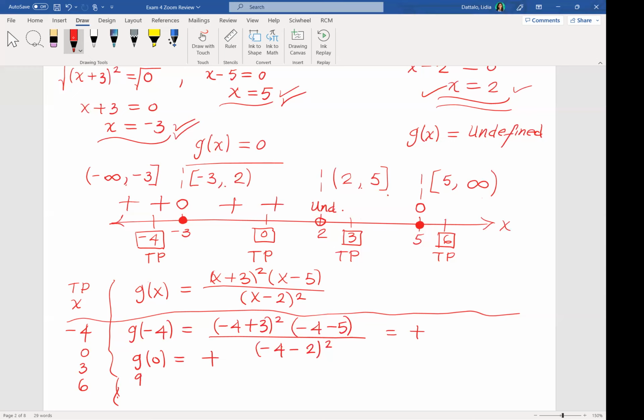And if I substitute a 3, then I'm going to get a negative. The computer keeps doing this to me.